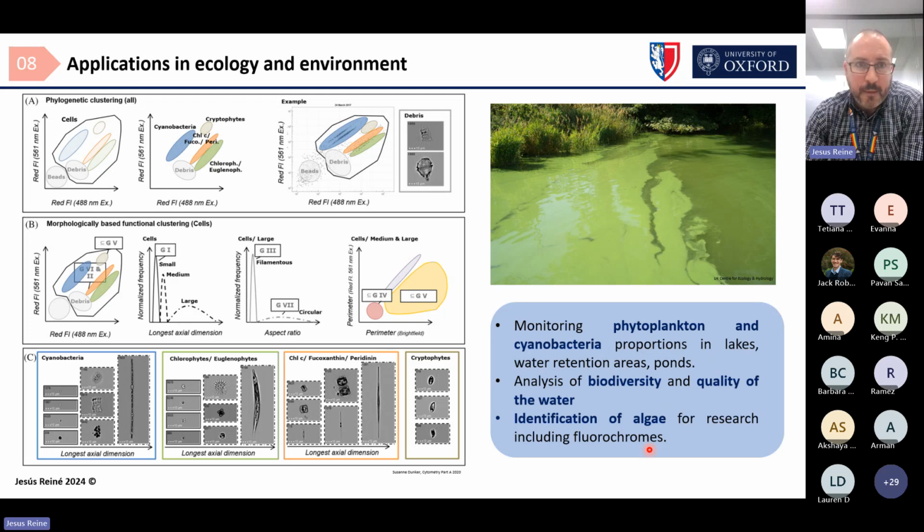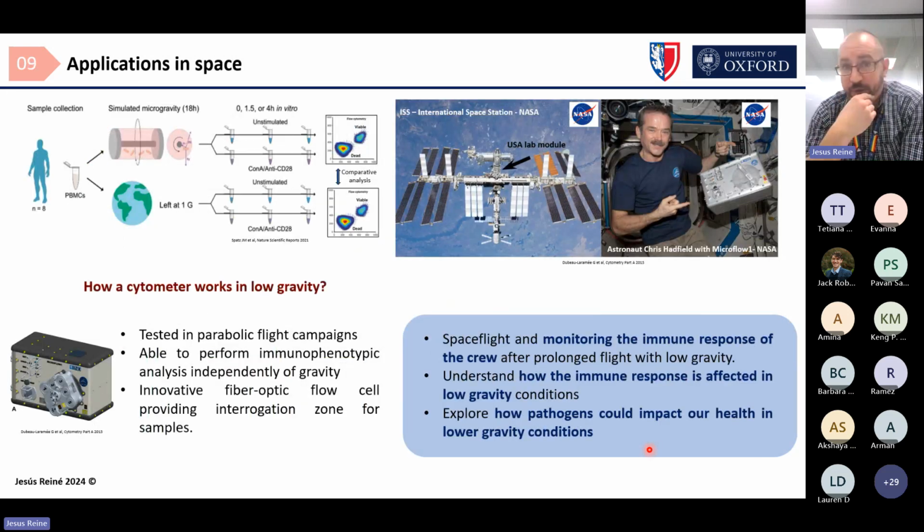Well, another application that is also quite relevant is in space. When someone is on a space flight, especially when it is prolonged in time, the immune response is lower because of low gravity. The reason is that low gravity has an impact on the way cells can respond to specific antigens.